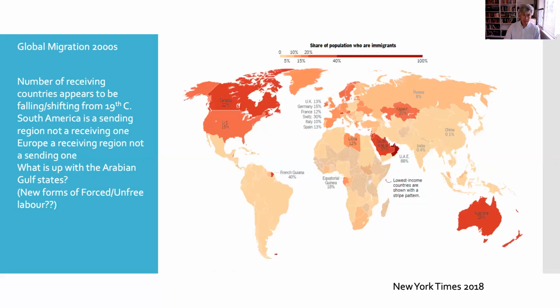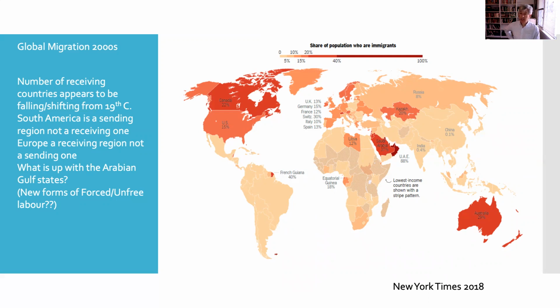Okay. And so again, the global migrations, the share of population who are immigrants. Now, those white settler dominions, Canada, United States, Australia, still tend to be the magnets for migrants over this period, and quite rightly so.